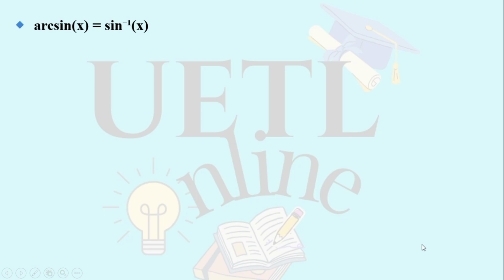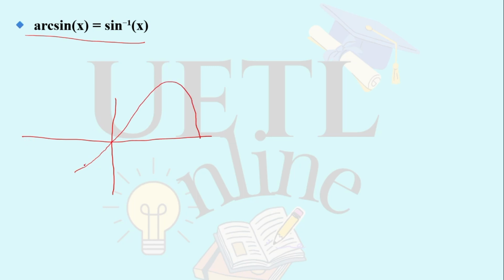Let's start with the sine graph. This is the arcsin. We're going to first draw the graph of sine. I'm just going to draw it a little bit fast. You should know by now how to draw this graph. Okay, the graph of sine. I'm just going to draw this short part. Here you can see that here is pi over 2 and here is negative pi over 2.